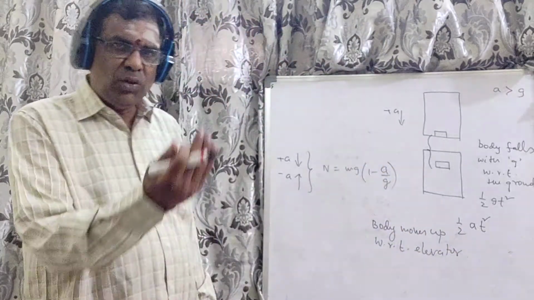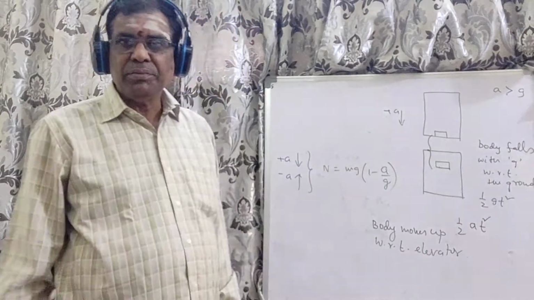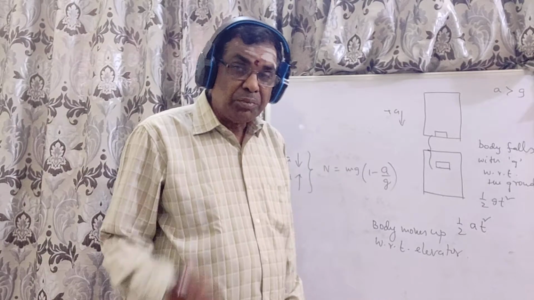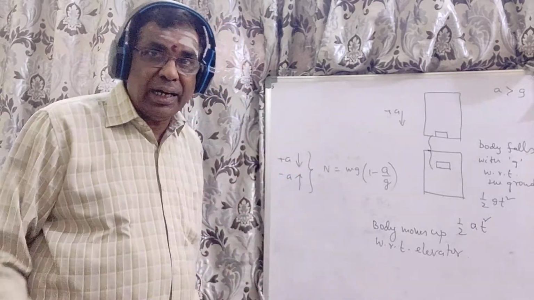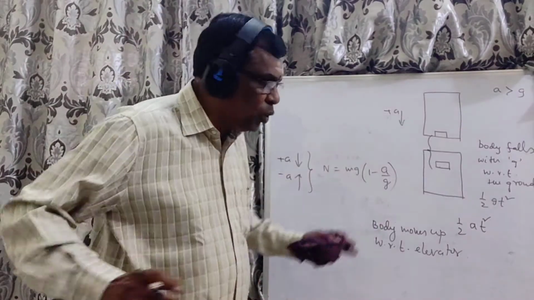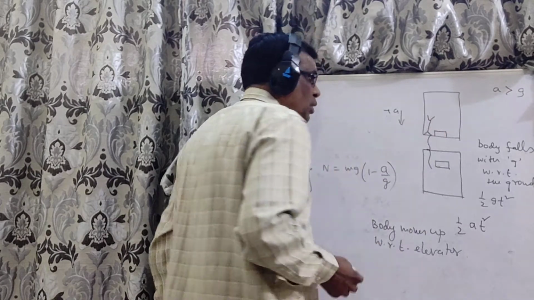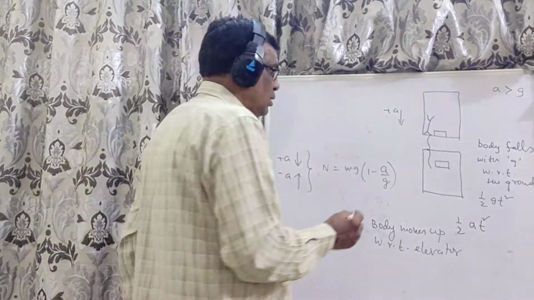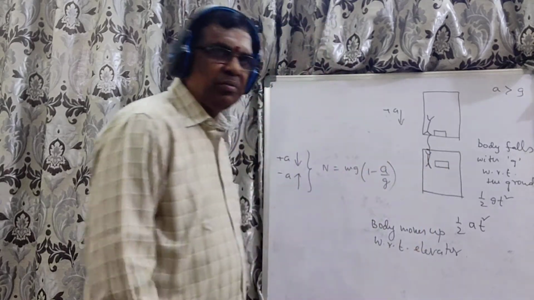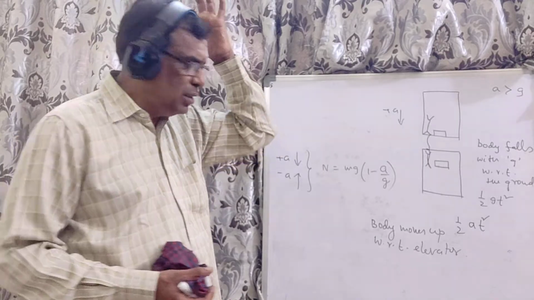In reality, when you watch it from outside, the body keeps falling. Under gravity it falls, so there is no issue with that. But if you are inside and standing there, your position also will be like that, my dear friend.